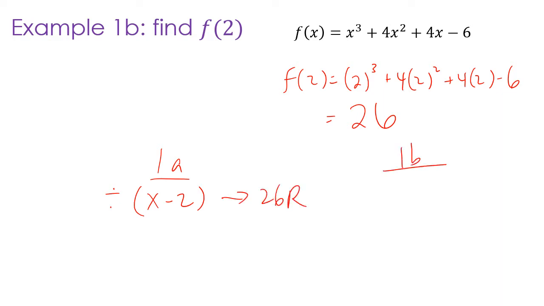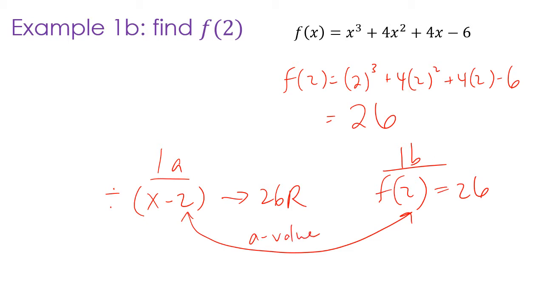For this question, I found f of 2, and I got it to be 26. If we make connections here, those two things are the same thing. That's your a value. And putting that into my equation straight up without doing any dividing gave me the remainder.